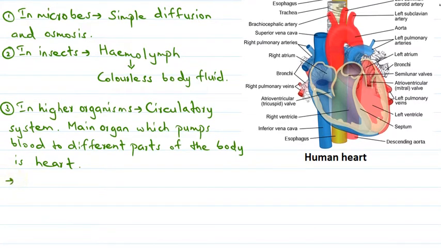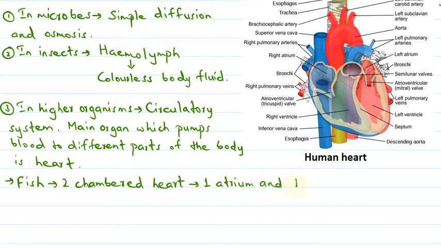So now let's take the case of fishes. Fishes have a two-chambered heart consisting of one atrium and one ventricle.